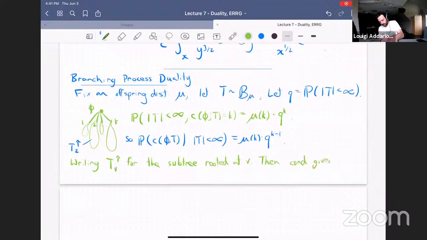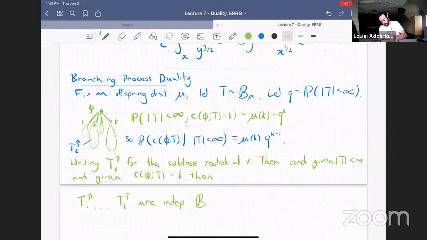conditionally given that the whole tree is finite, and given that the root has k children, then these subtrees, again by the branching property, are independent copies of independent branching processes. But now they're conditioned to be finite as well, because T was conditioned to be finite.